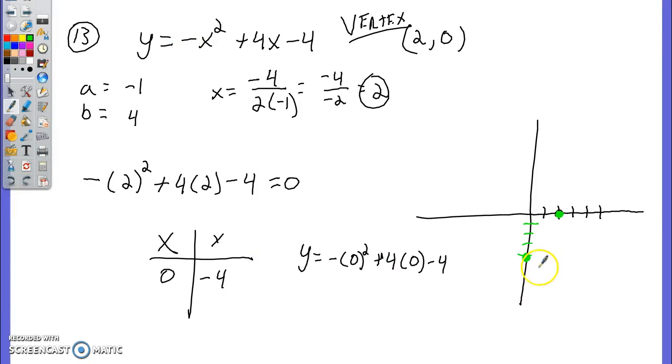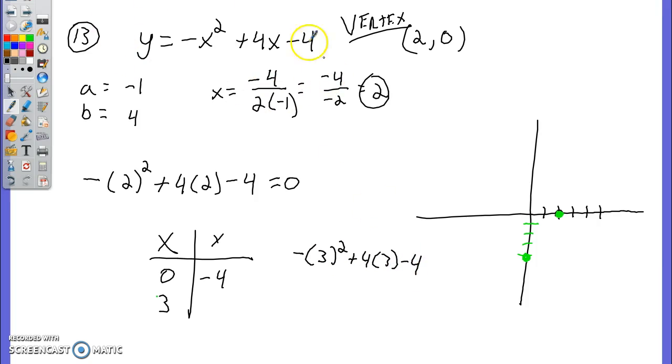All right, now we have to do one point to the right, so I might pick 3. So if I do 3, I'm going to erase this and just rewrite that with a 3. So I would say negative, parentheses 3, squared, plus 4, parentheses 3, minus 4.